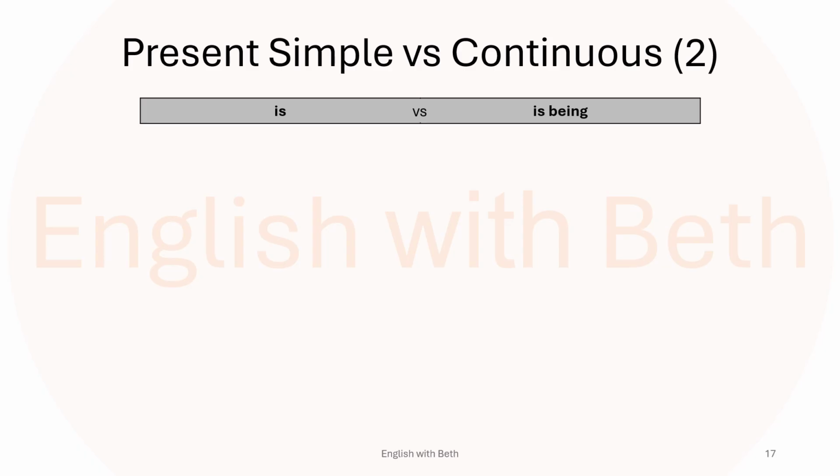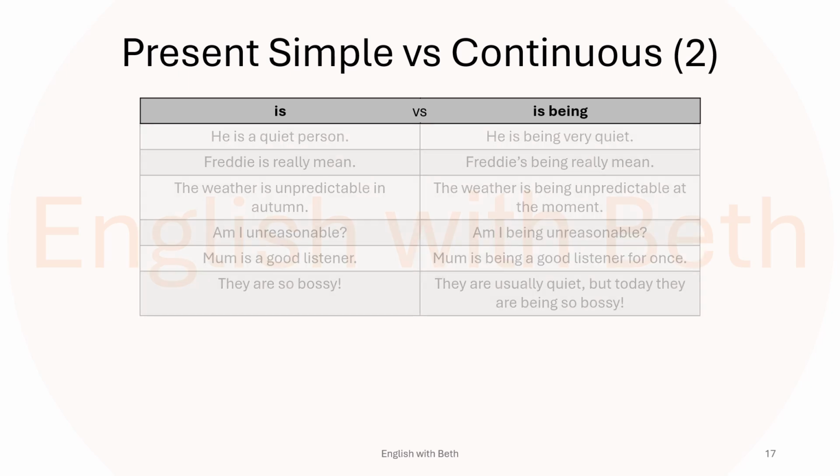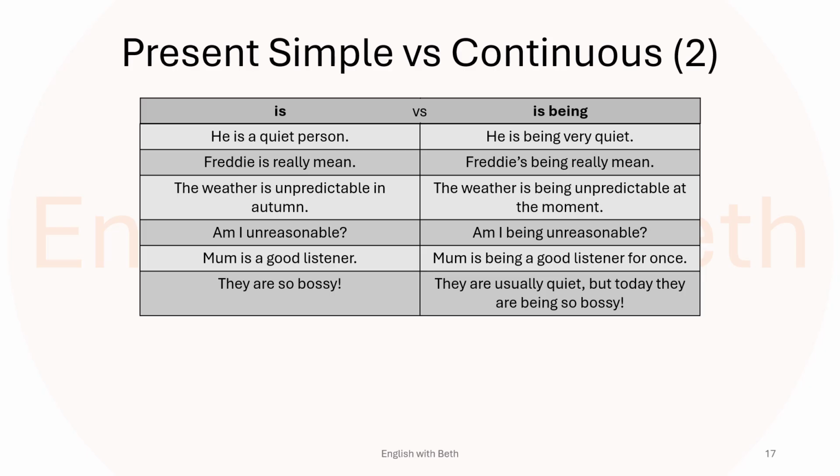One last slide before we do some practice. Let's look at the difference between is and is being. So first we will look at this side. Is. He is a quiet person. Freddie is really mean.